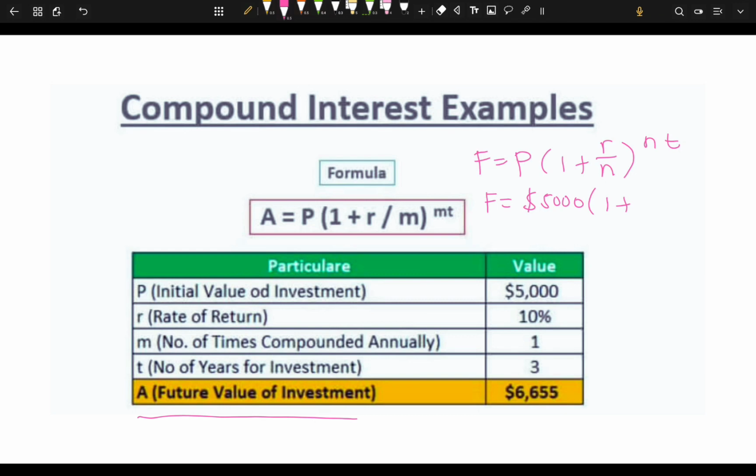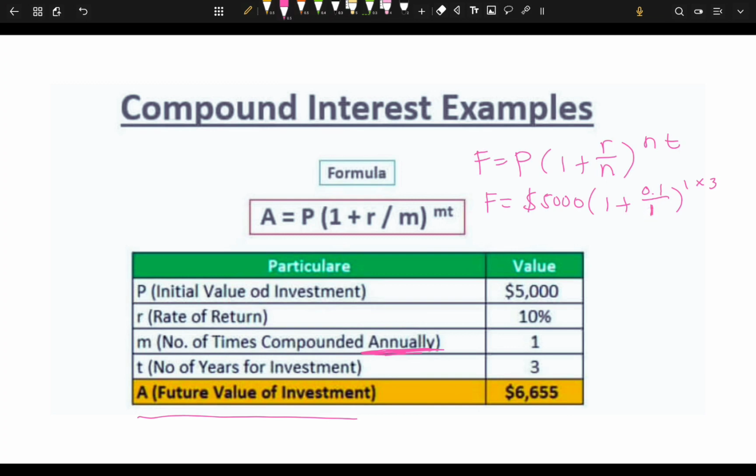So, 10% natin into decimal, that is 0.1. Compounded tayo annually. So, that is 1. So, 1 multiplied by 3, kasi 3 years. Yung 1 natin dito, kasi ang nakalagay dito ay annually. Ibig sabihin, compounded tayo yearly. Kaya po, meron tayo ditong 1.